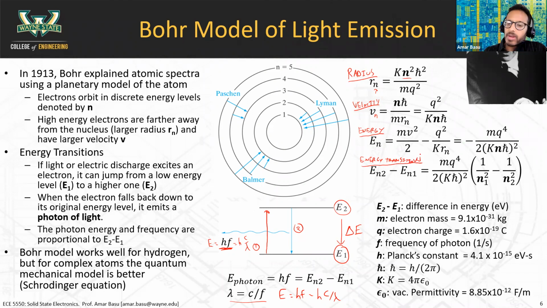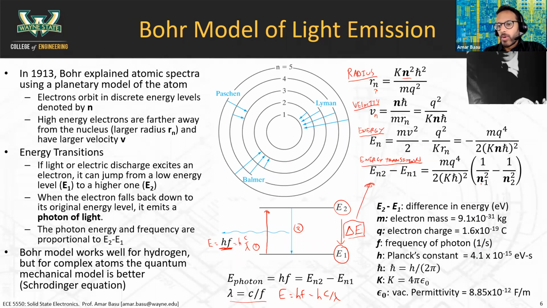If an electron transitions from a high energy state, n2, to a lower energy state, n1, then the change in energy, this delta E, is given by this equation.